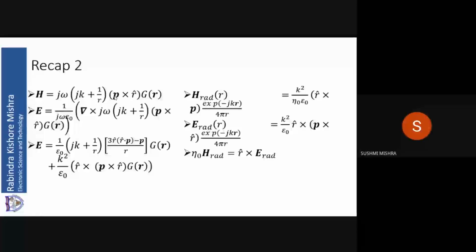Otherwise, variation etc. will be different, but magnitude will be this.